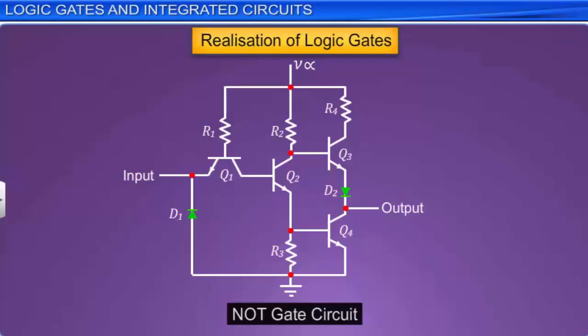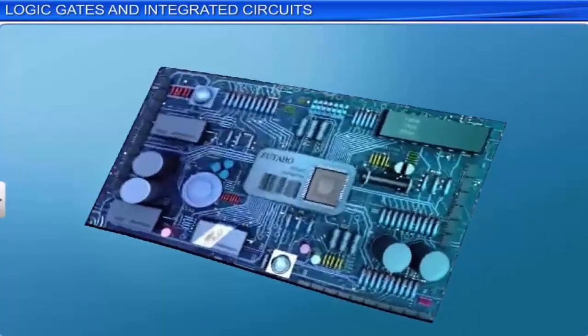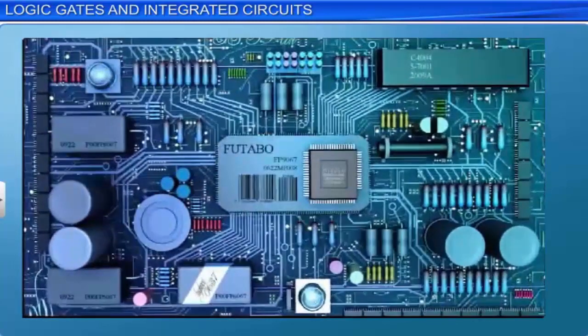Conventional circuits using a large number of electronic devices assembled together are bulky, unreliable, and prone to malfunction. Such circuits that use individual components are called discrete circuits.